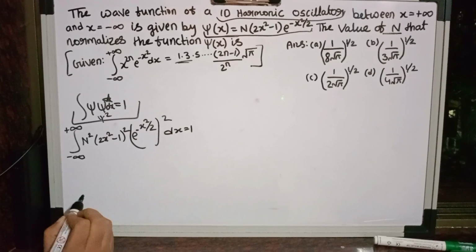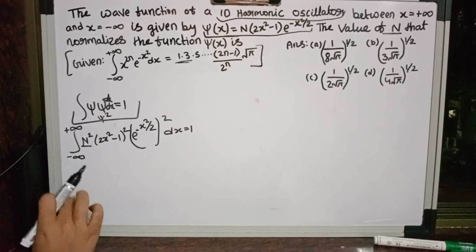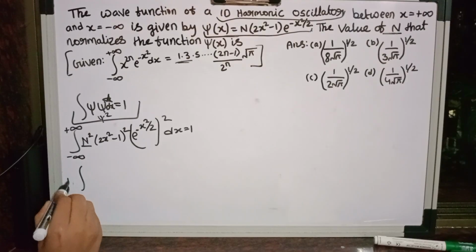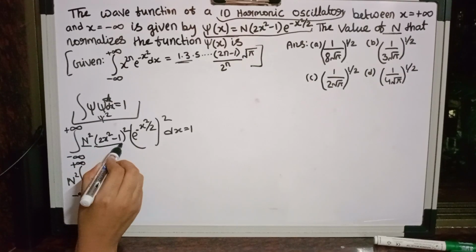I am going to take this N out so that we can solve the rest of it very easily. So N we are taking out, which is N square now, with minus infinity to plus infinity. This we are going to solve.